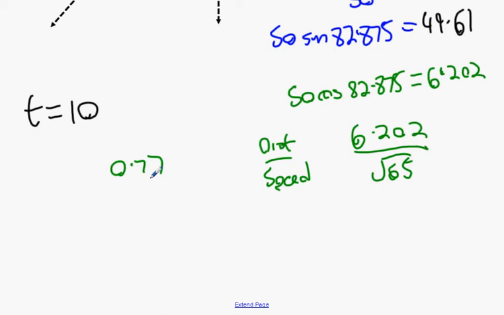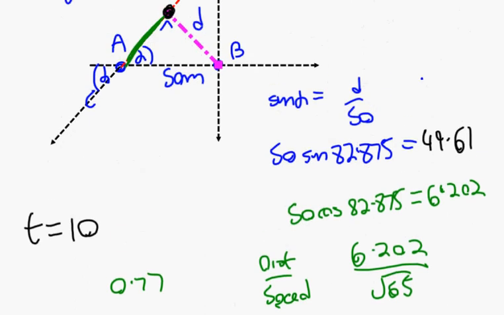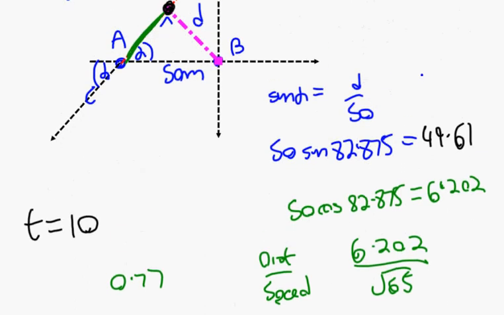That's how long it took for that to happen. So, long story short, guys, if that's 0.77, that means this closest approach occurred 0.77 seconds before 10, which is 9.23. Okay? 9.23 seconds in.